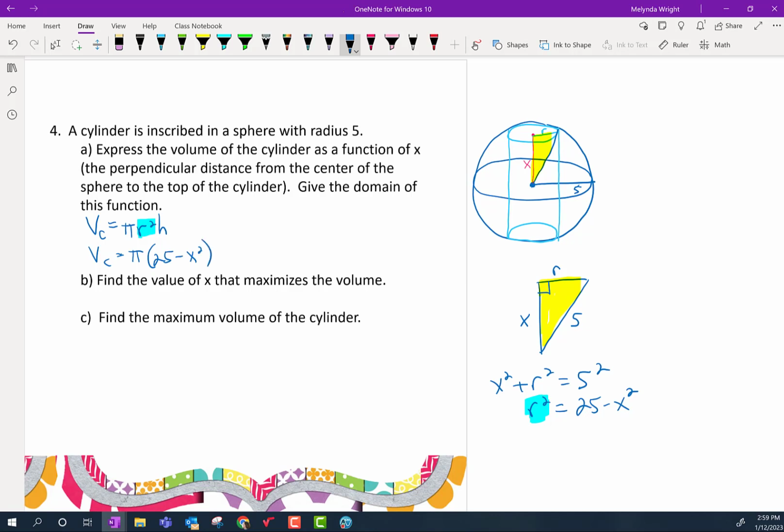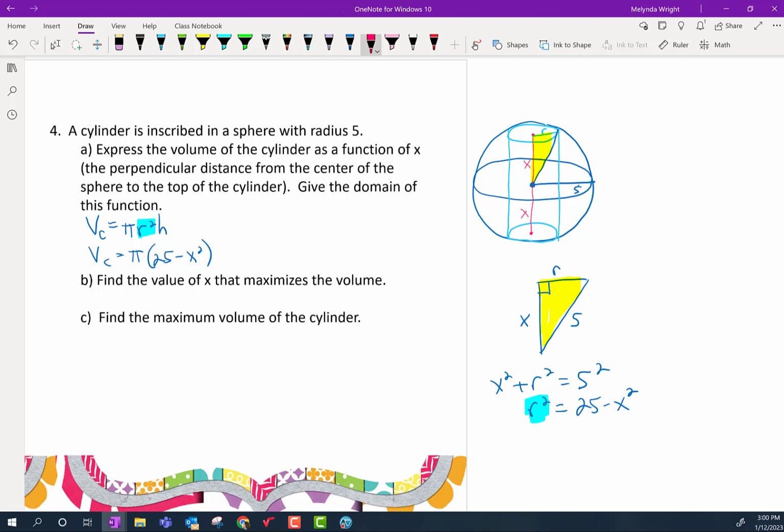Now, I can't use an h. I need some kind of an x. Let's look back at our figure of the cylinder. Since the distance from the middle to the top is x, wouldn't you agree with me that the distance from the middle to the bottom is also x? That has to be the same.